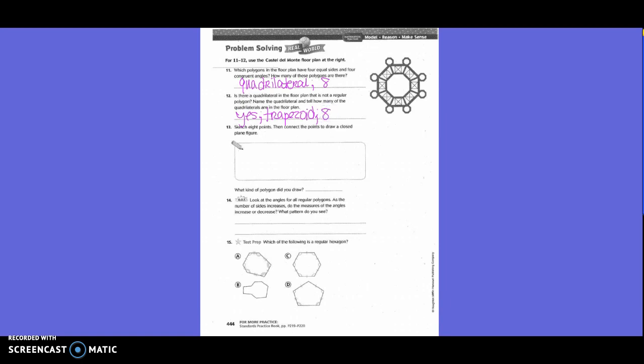Sketch 8 points and connect the points to draw a closed plane figure. Now, did it specify it had to be a regular polygon or a not regular polygon? No. So it can be whatever you want. So I'm just going to randomly draw 8 points.